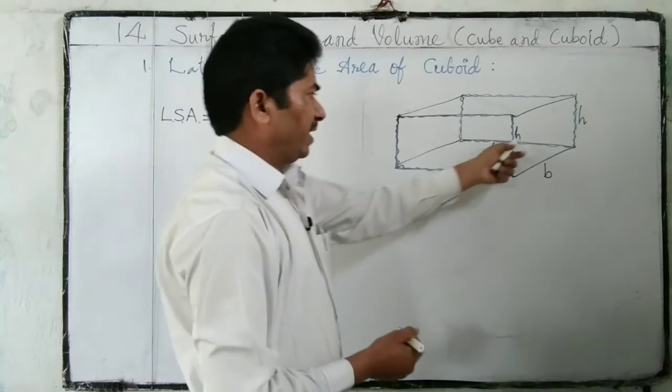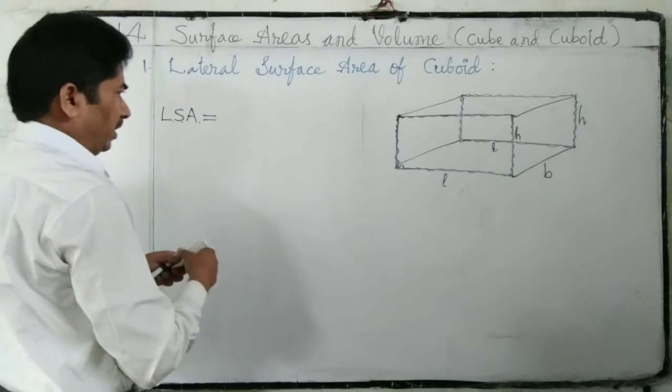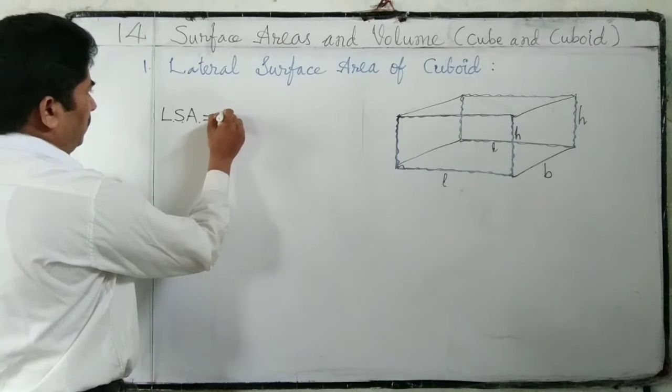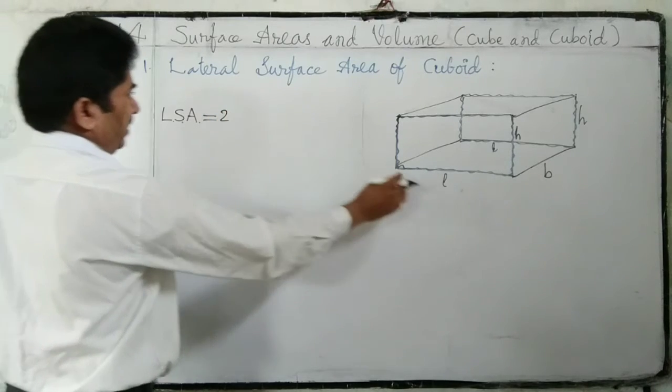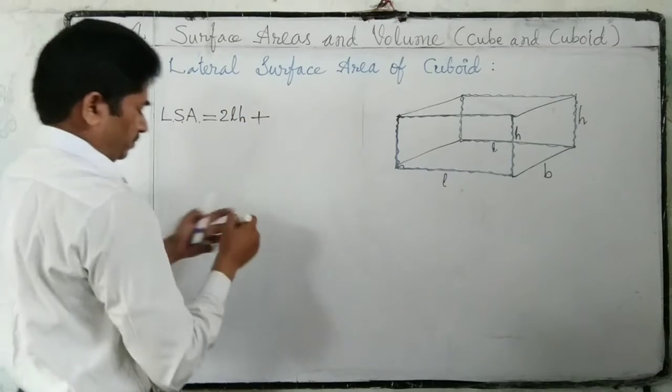But in place of breadth, we have to take height. So there are two rectangles of the same area, so 2 of LH.